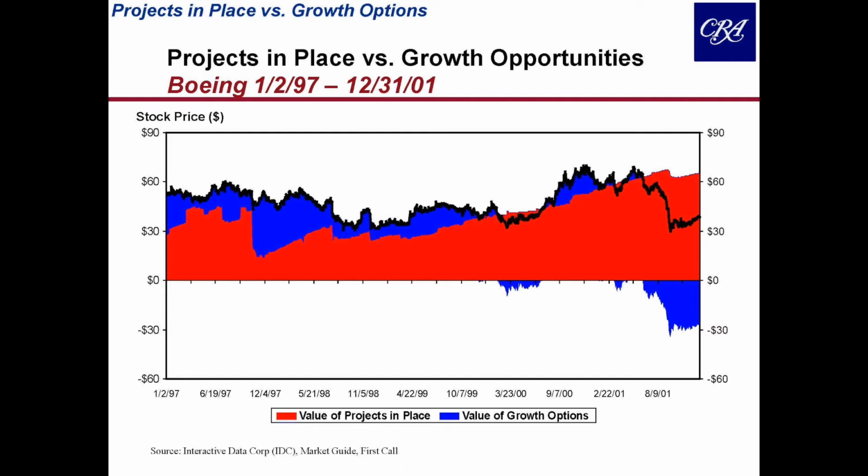You can see that throughout the period, the total value of the company equals approximately the red part. I should have explained a little bit further: in the graph, the blue part is the growth options, and the red part is the value of current operations. So in the case of Boeing, it was almost all current operations, and there was no boom or collapse in the growth options.